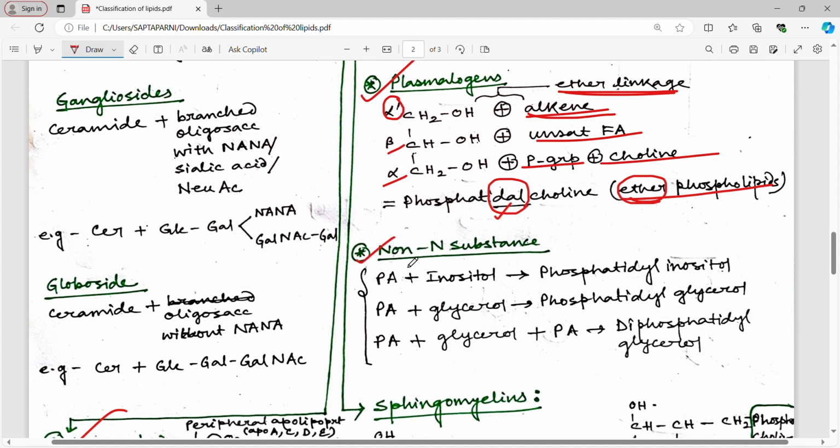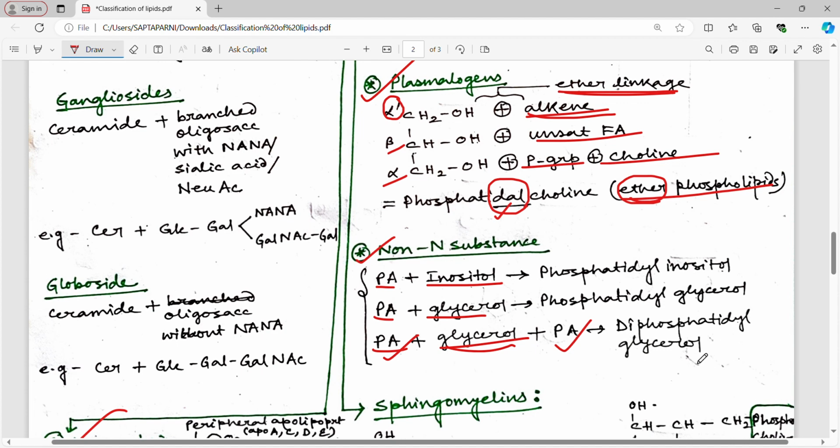Now coming to another type of phospholipid, the non-nitrogenous substance containing phosphoglyceride. Here phosphatidic acid is esterified with a non-nitrogenous substance like the vitamin inositol, and it forms phosphatidylinositol. It can also get esterified with another molecule of glycerol to form phosphatidylglycerol, or 2 phosphatidic acids can form ester bonds with an extra molecule of glycerol, and that will be called diphosphatidylglycerol.